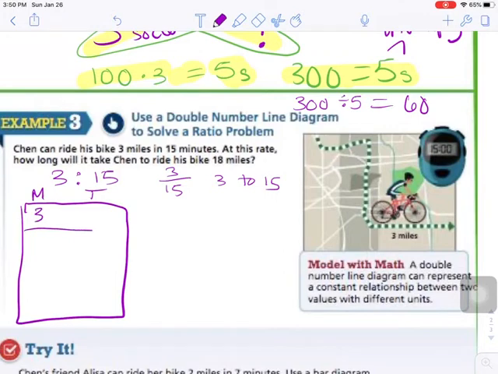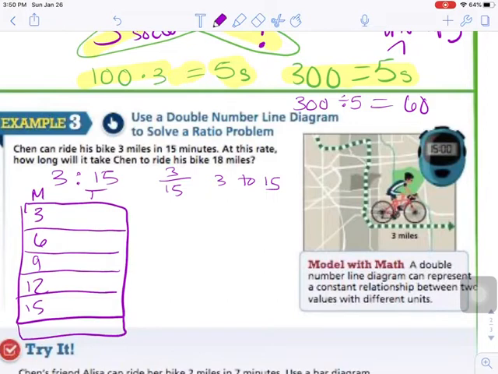So for every 3 miles, 3, 6, 9, 12, 15, I need one more, 18 to get to 18. And then I can go with my time. So my time is going up by 15 minutes each time. So I can just fill up this table by going up by 15.